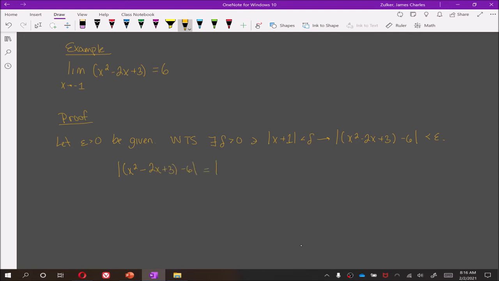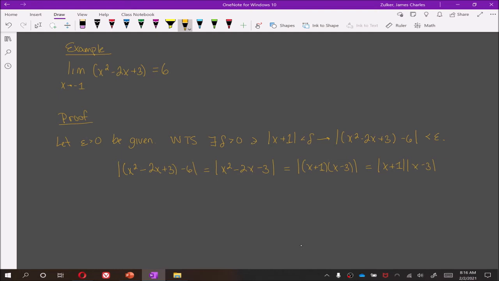So this absolute value is the absolute value of x squared minus 2x minus 3. Now this can be factored into x plus 1 and x minus 3. And again, using properties of absolute values.